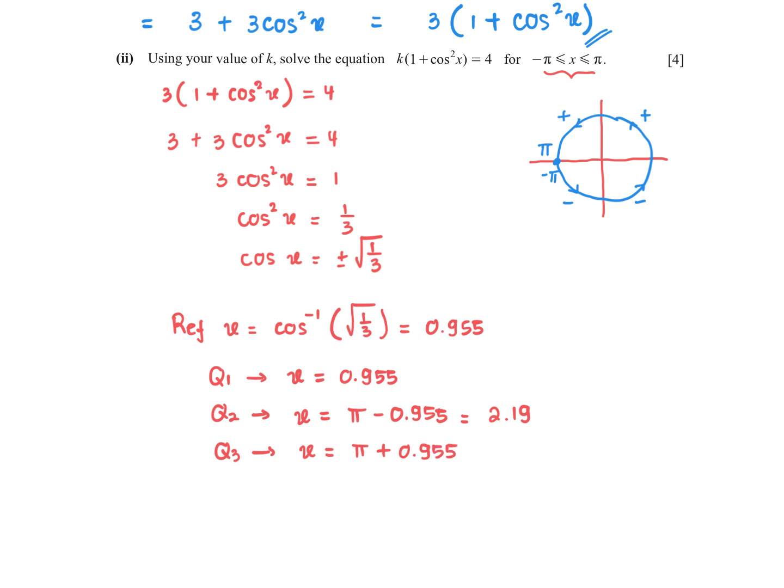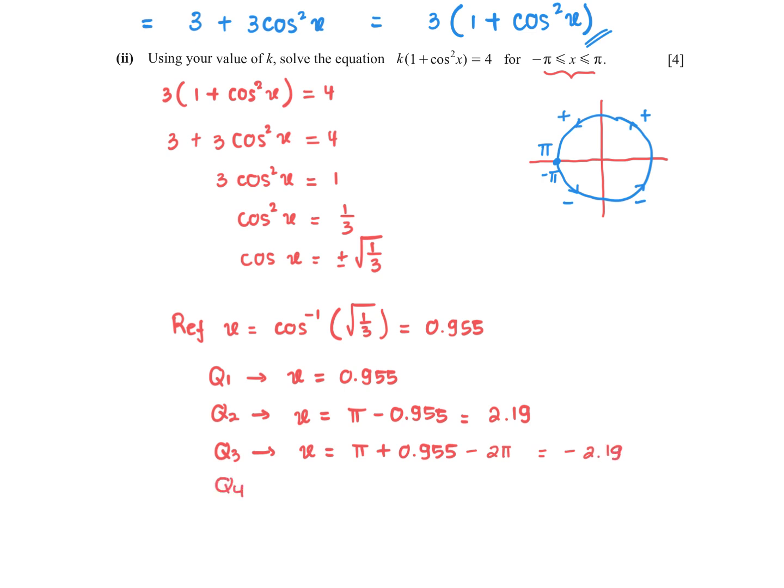But do you remember from the domain, where the angle lies on quadrant 3, that should be in a negative direction? So in quadrant 3, I subtract again by 2 pi, which is equal to negative 2.19 radians.